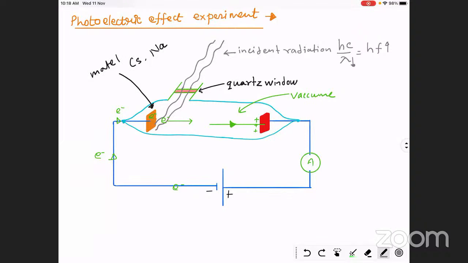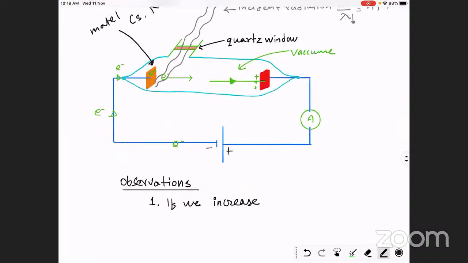Okay. So let's write observations. Your first observation is, if we increase energy of incident radiation, very important observation.